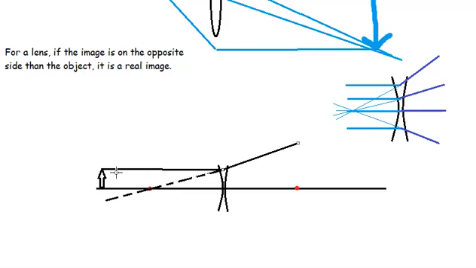Now the next ray is just going to be exactly opposite of this. We're going to act like we're going through the focal point on the far side, except that when we get to the lens, we're actually going to draw it out horizontally.